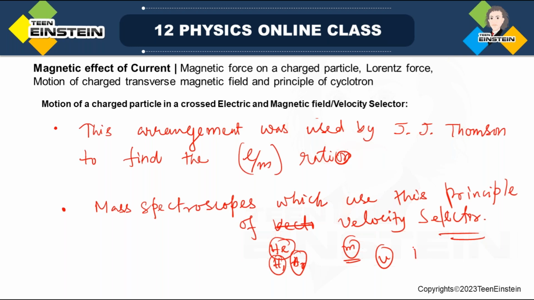Now, if we adjust the E by B ratio such that the velocity of a particular gas becomes exactly equal to this ratio, then that gas will pass through the spectroscope and you will be able to detect it. So this is the use of the velocity selector.